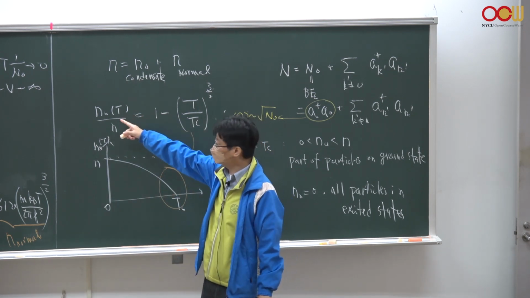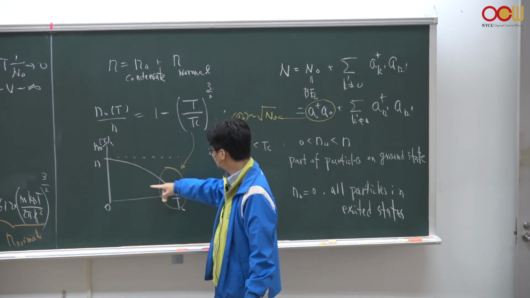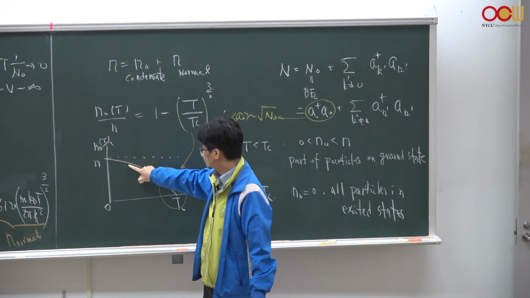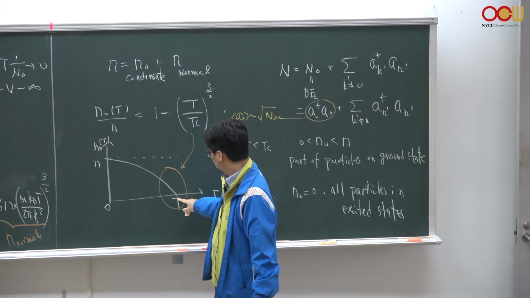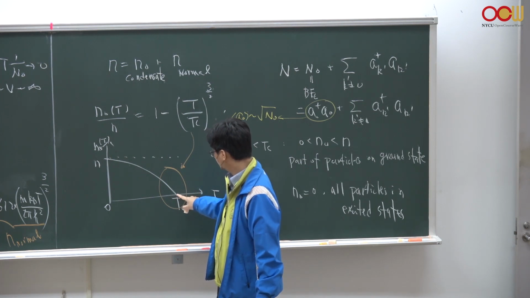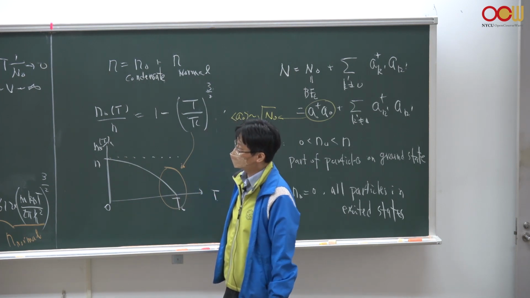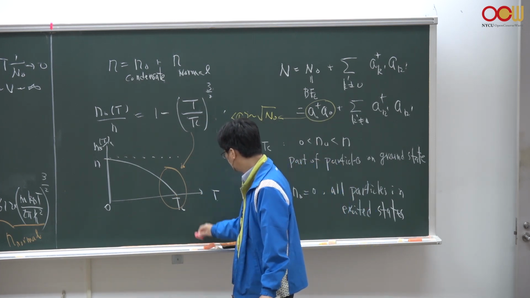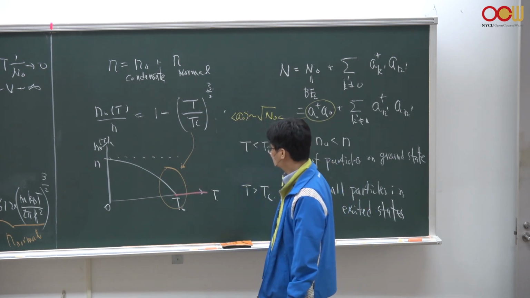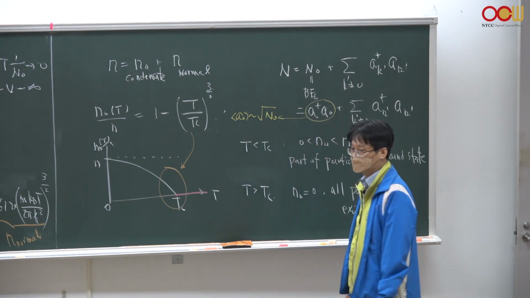But as you turn up the temperature a little bit, but still below Tc, the percentage of your condensate part of the bosons decreases until it hits 0 when temperature is exactly TBEC. And above TBEC, no bosons stay in the ground state, and all bosons stay in excited states.